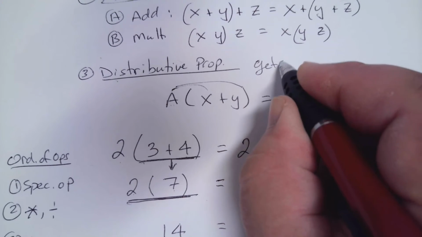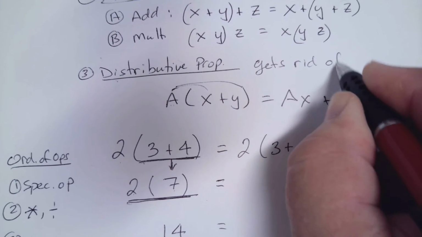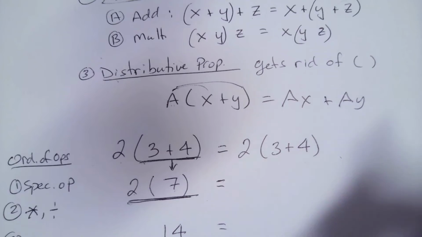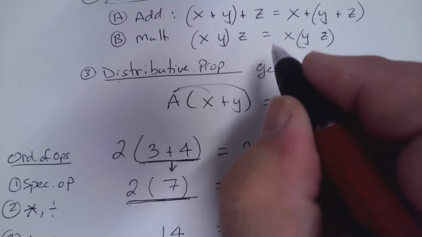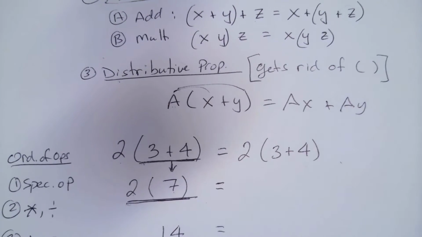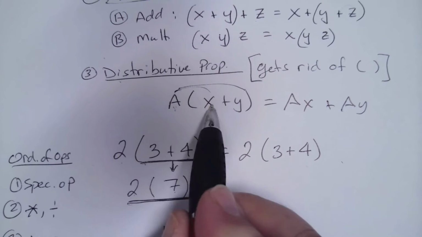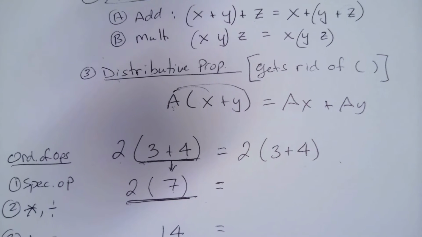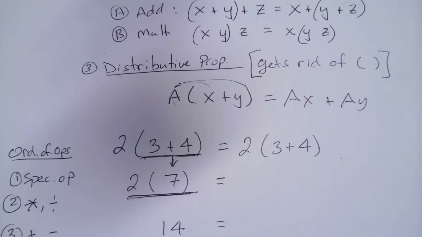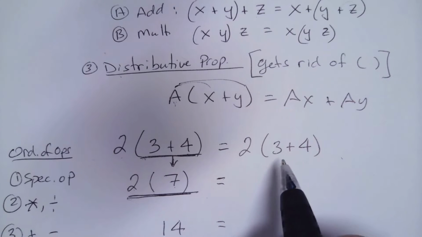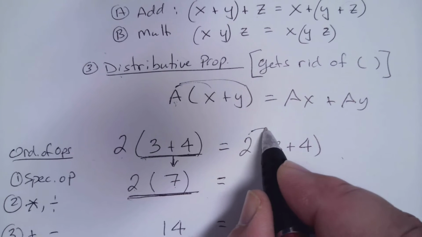It gets rid of parentheses. That's what the distributive property does. Because when we multiply everybody inside there, it gets rid of the parentheses. Now we can go on further and solve it. So let's look at 2 times 3.